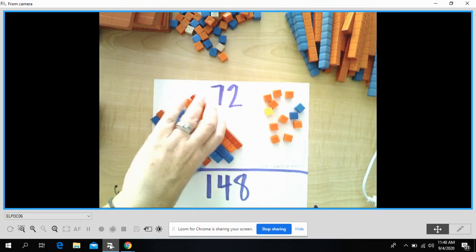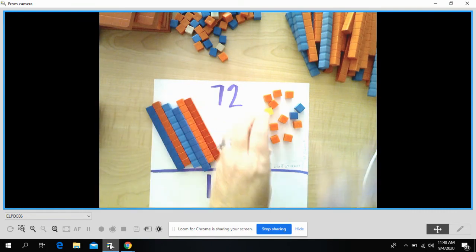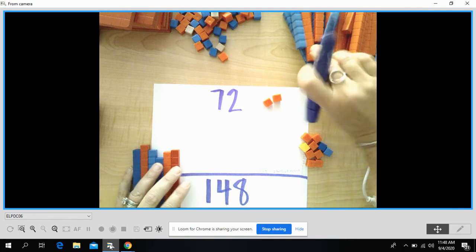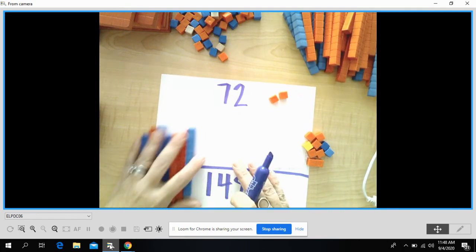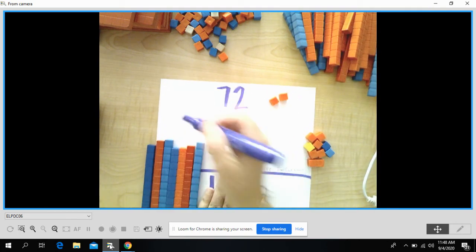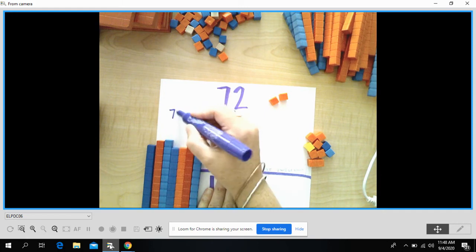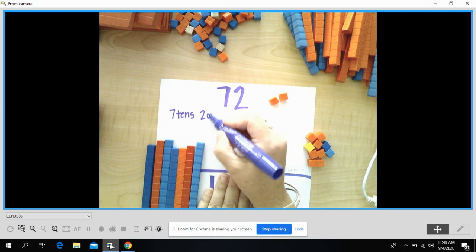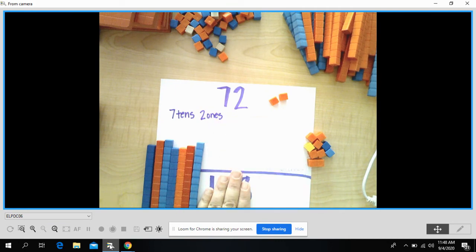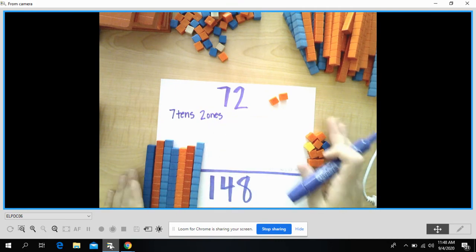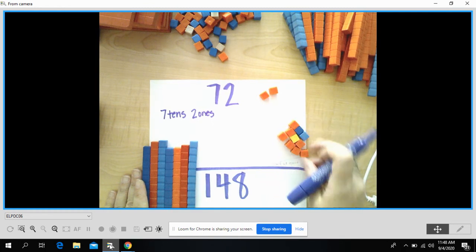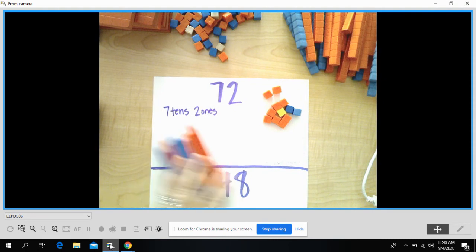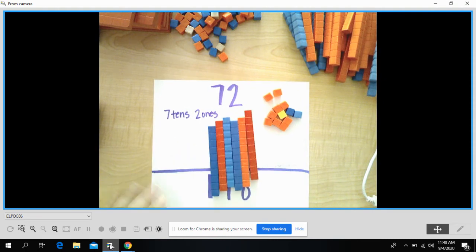So let me go back 1 second. I want to write the first way that we made 72. We had 7 tens and 2 ones. Can anybody remember the second way we made 72? To really look at what 72 is made of, here it is again by this image.